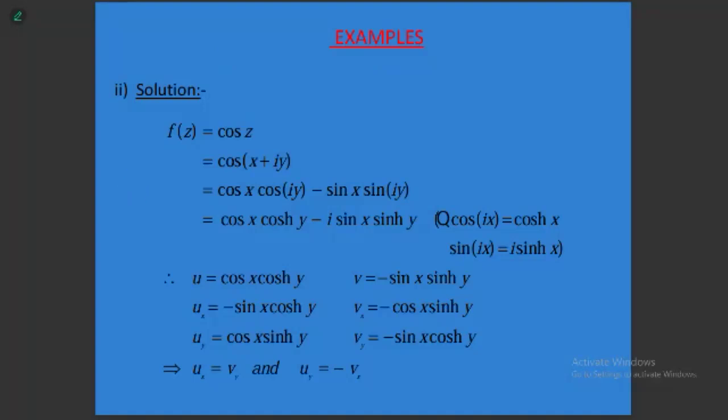So now compare these, and here also the CR equation is satisfied.